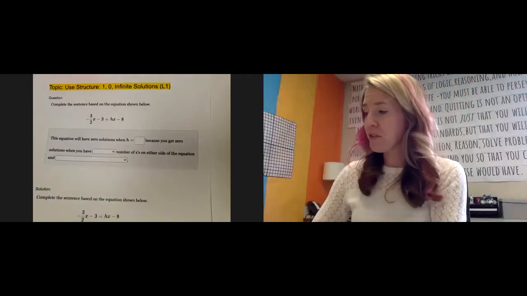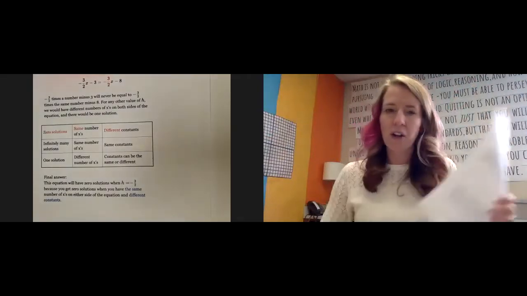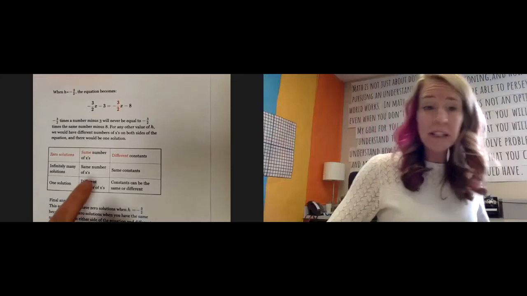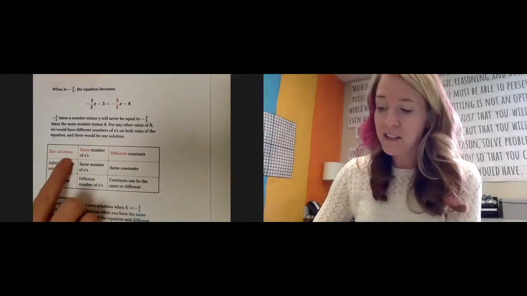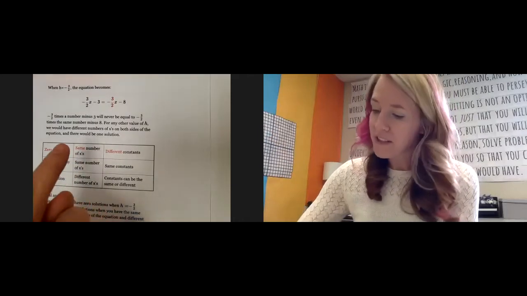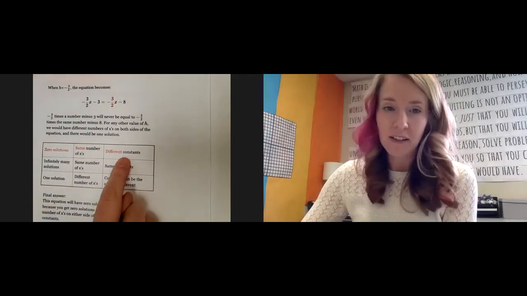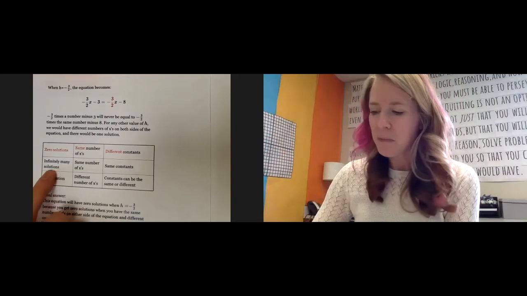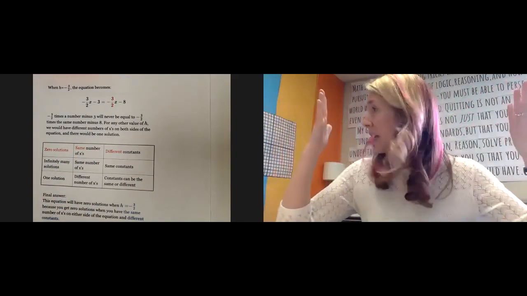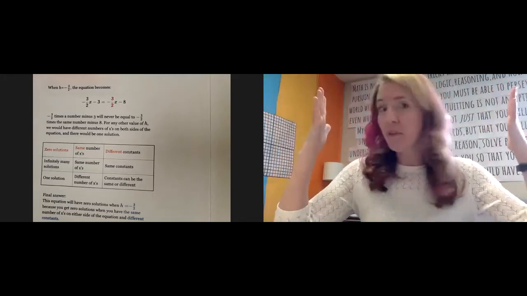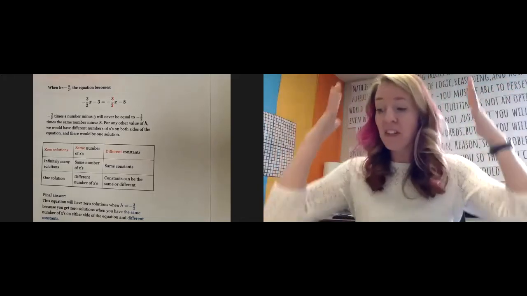Here's where the answers are going to come in handier for you. They give you a chart, and on that chart it says no solutions, 0 solutions, when you have the same number of x's but different constants. Infinitely many solutions when everything on both sides is the same, like looking in a mirror and seeing the reflection go on forever into infinity and beyond.